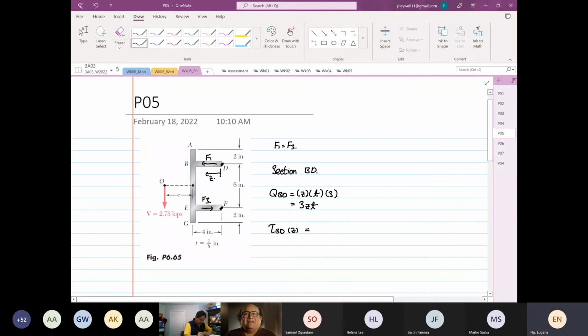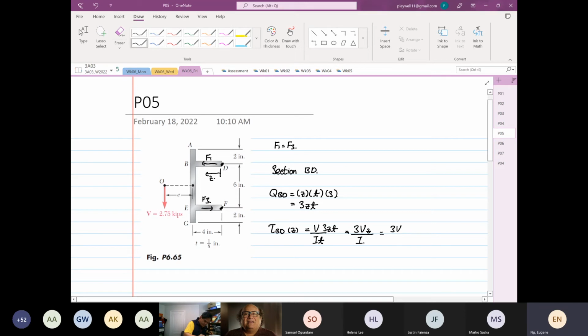So this will be equal to V over I T and 3ZT. Okay. So we have 3VZ over I. Okay. And then we found out what our I is.